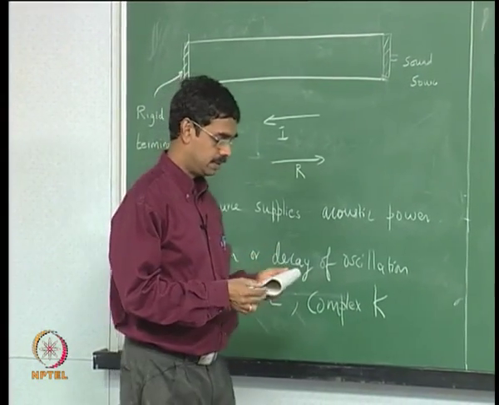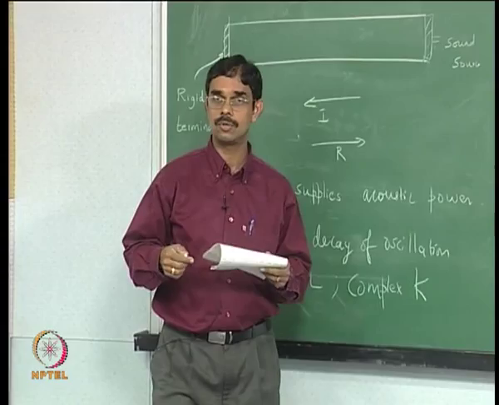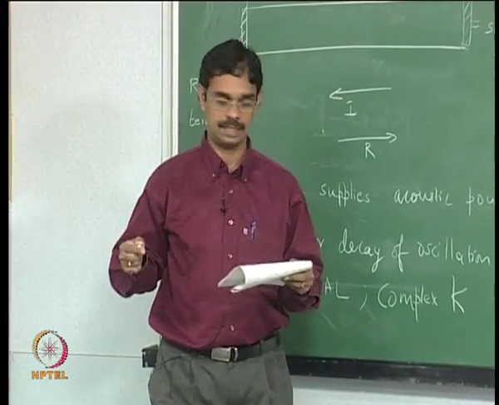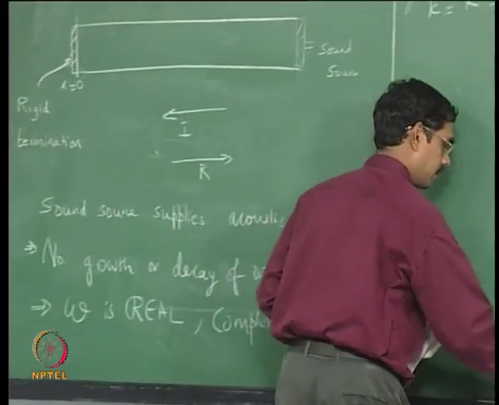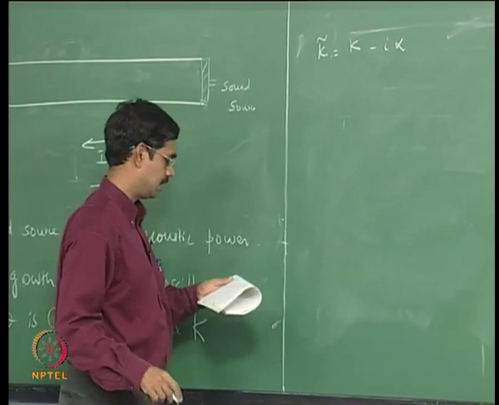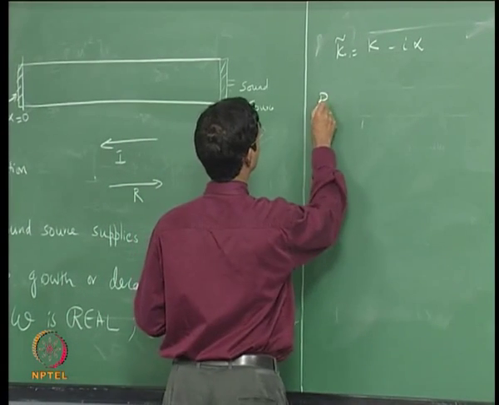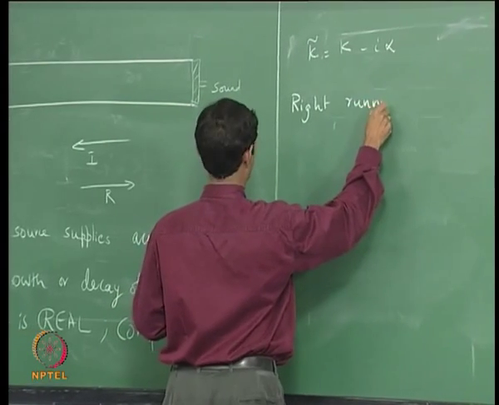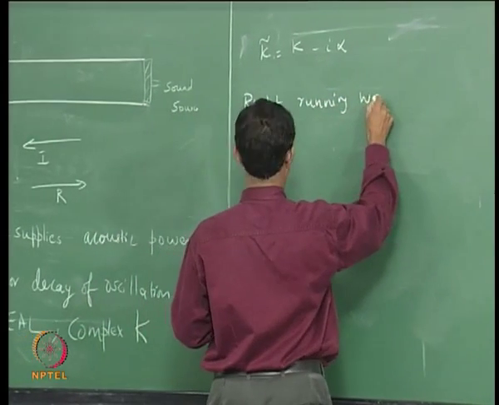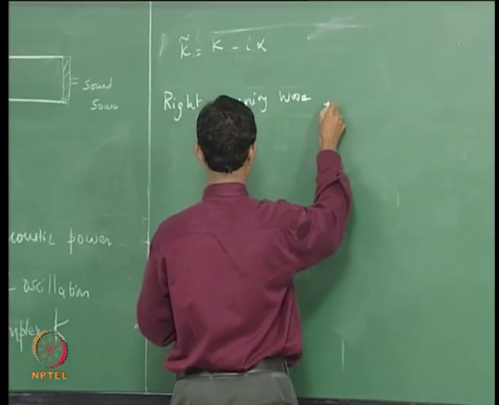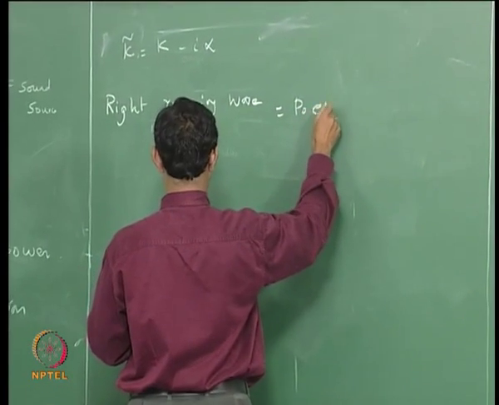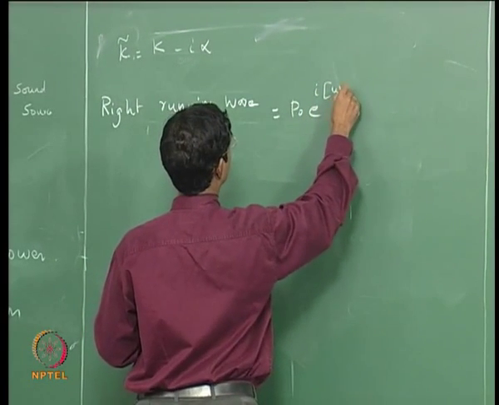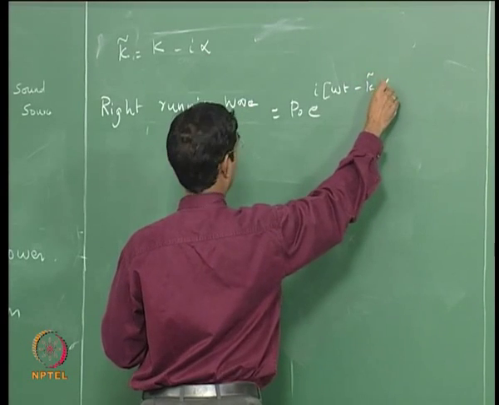So now we will think of how to write the expression for the standing wave. We will write it first for the right running wave and then for the left running wave. So that must be of the form p naught e power i times omega t minus k tilde x.